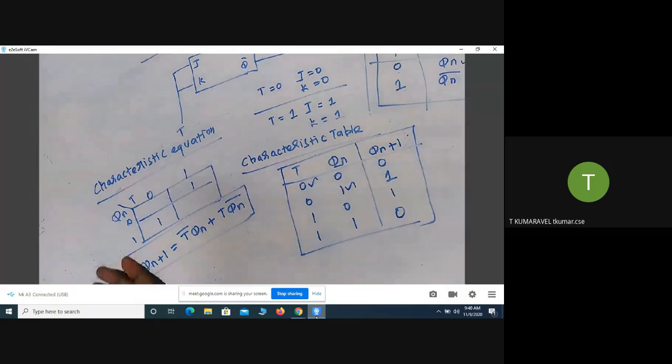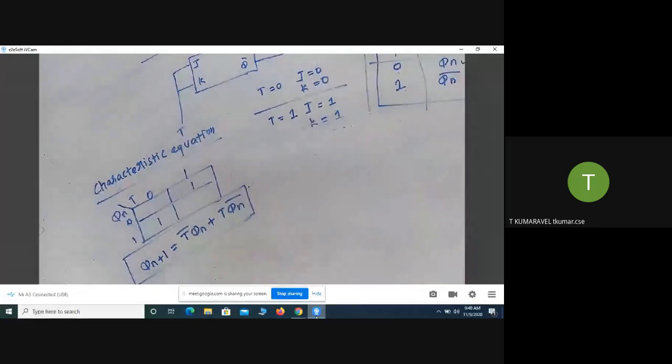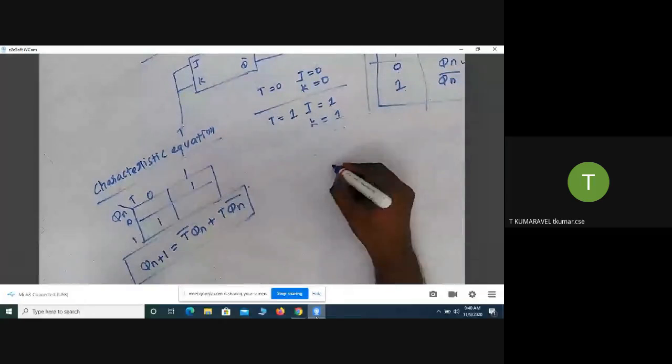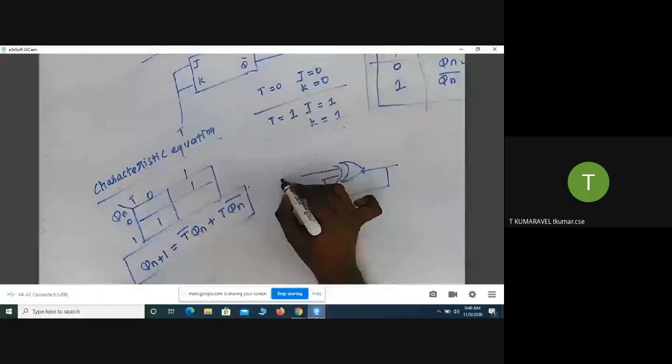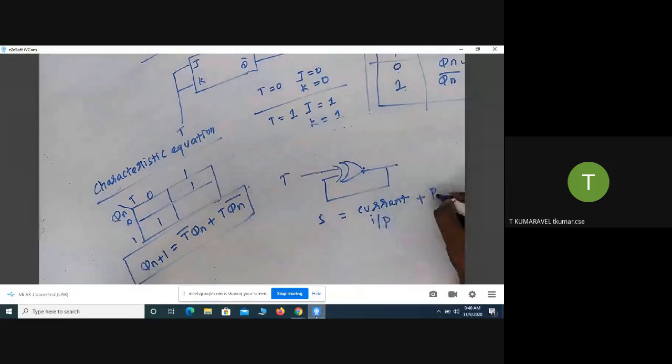So from this, you should write the realization, the circuit diagram for the flip flop. How do you do that? Already I said this is a sequential circuit. A sequential circuit works on the current input, which is T, plus the previous stage output.